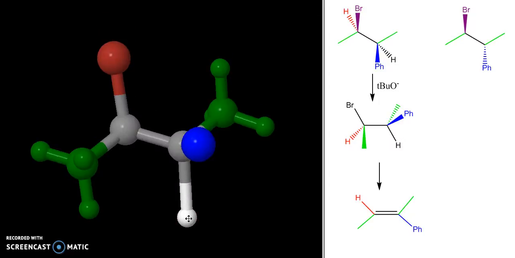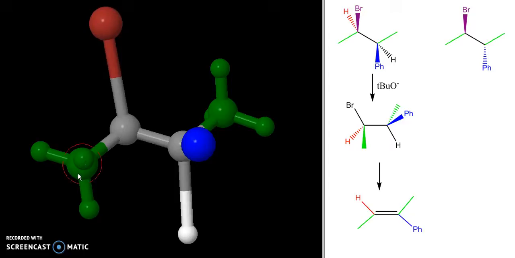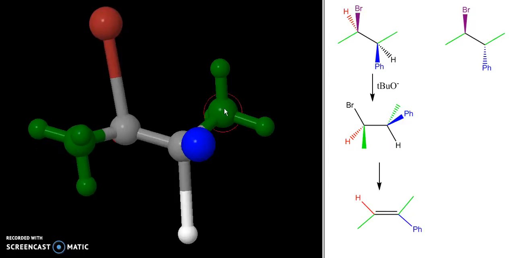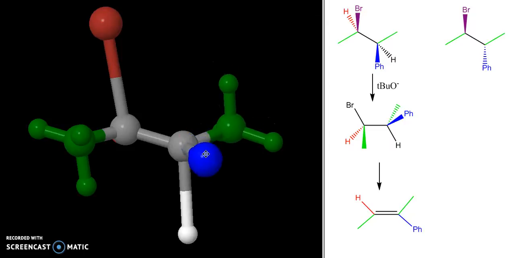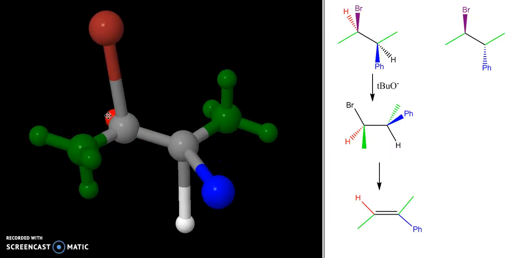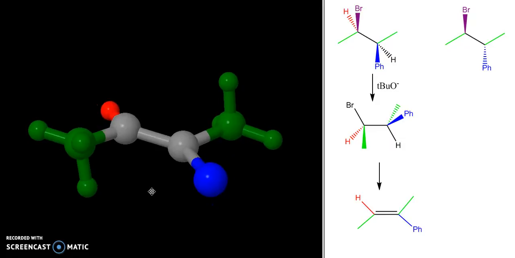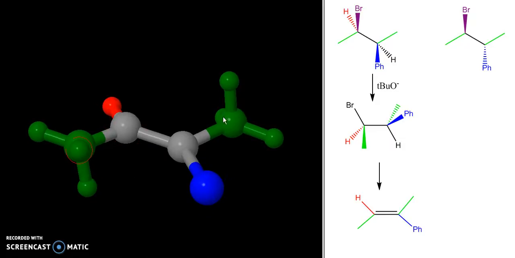So the base comes and starts to take this hydrogen, the bromine starts to leave, and as that happens, this methyl starts to move up, this one starts to move down, this group starts to move down, and if I rotate this a little bit, I can drag this one up a little bit. They all start to enter the same plane. Finally, these atoms are gone. And what you can see is when this new bond forms here, these groups are in the same plane. And they are anti to one another, or as we normally refer to them, trans.